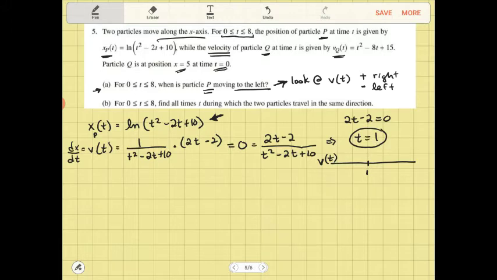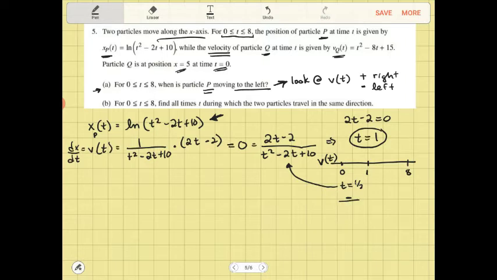And then what we do is we plug numbers into our velocity that are to the left and to the right of 1. Remember that the function is only valid between 0 and 8, so we need a number between 0 and 1 and a number between 1 and 8. So if I choose t equals half and I plug it in here, half of 2 is 1, minus 2 is negative, so the numerator is going to be negative.